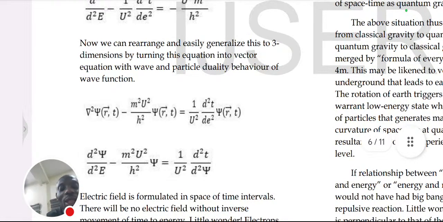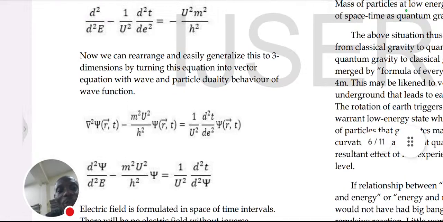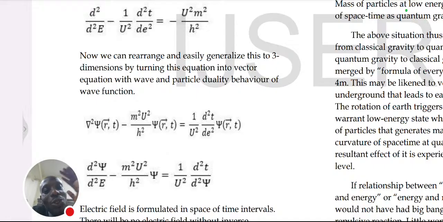So now we have made this by introducing, yes, first of all, the wave function, to be able to see clearly what is happening with the wave function.